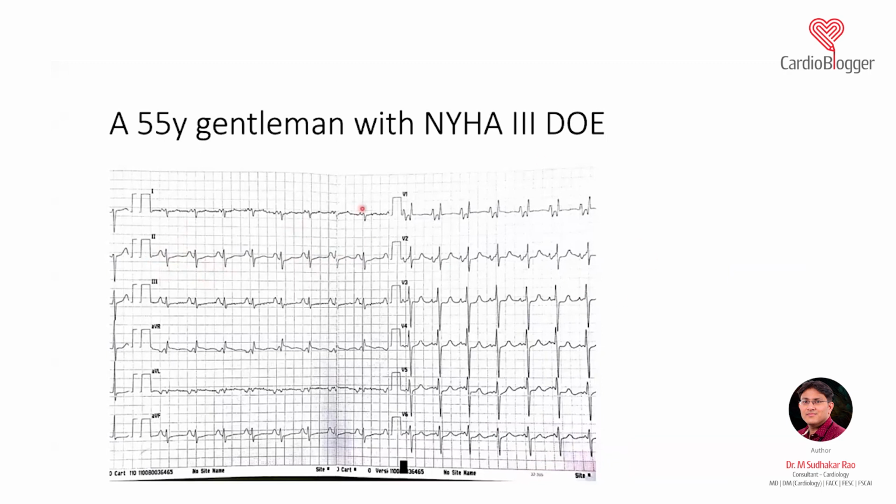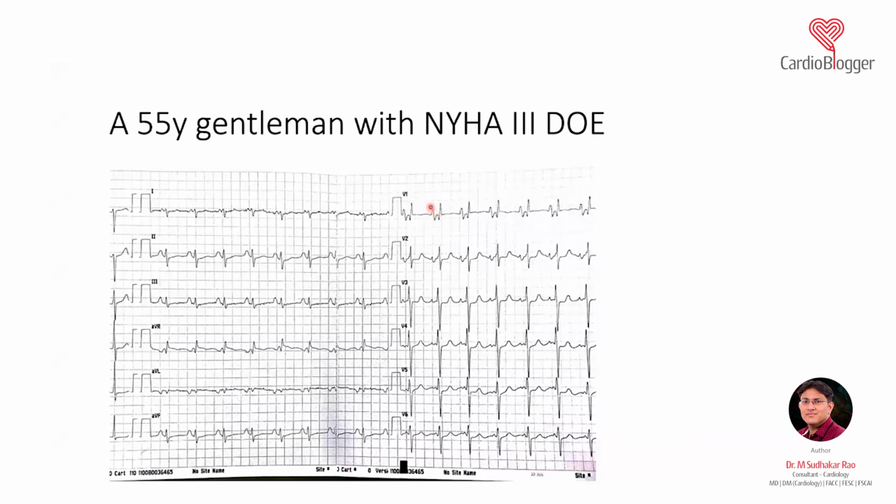Now to confirm this, let's go to lead V1. Lead V1 has both positive and negative deflections here. As I told you, the first positive is the right atrium, because the right atrium gets activated first, followed by the left atrium. Now this negative deflection can be suggestive of both left atrial enlargement or right atrial enlargement, which is also known as the pseudo LAE sign, that is the pseudo left atrial enlargement sign.